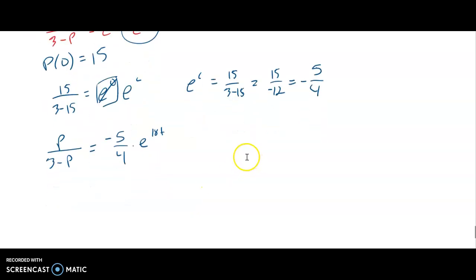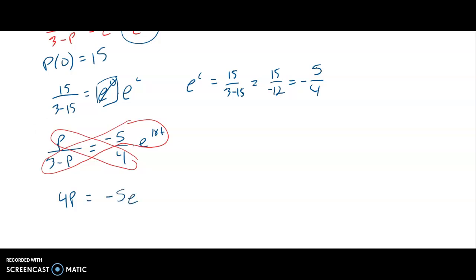If I cross multiply, I'm going to do these times these like that. And that's going to give me 4p for the first one is equal to negative 5 e to the 18t, open parentheses, 3 minus p.